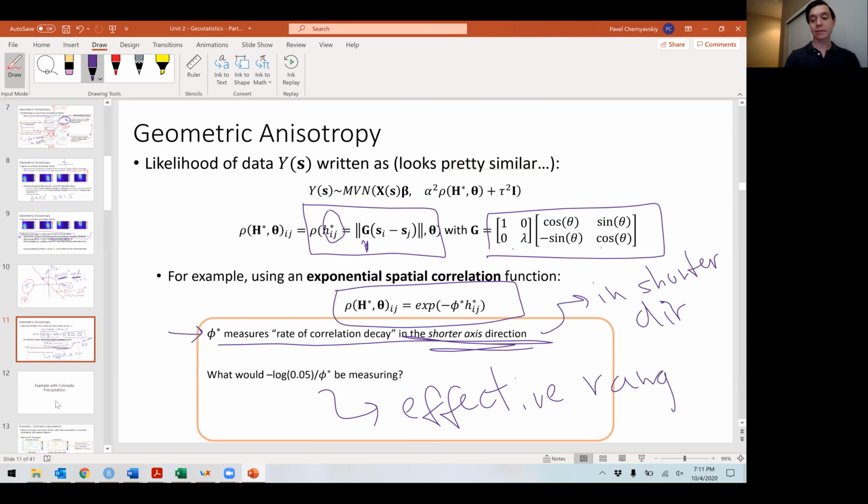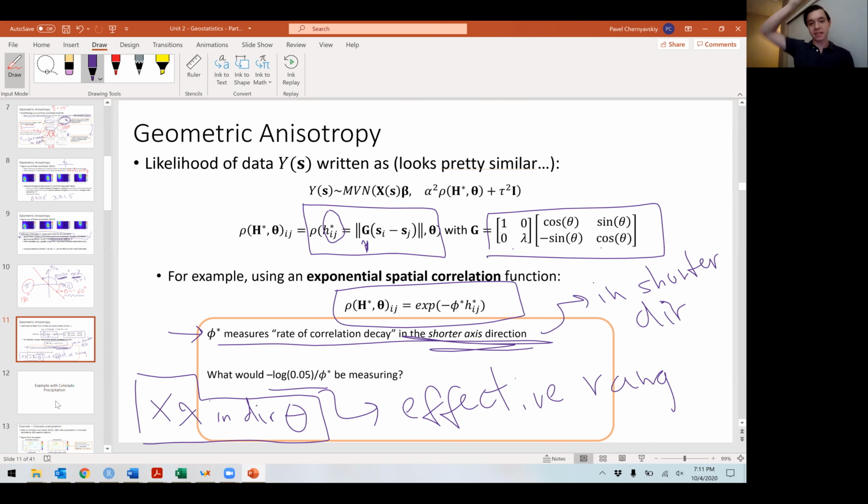And then in the direction of theta, you just simply take this value and multiply it by lambda. So in the direction of greater spatial correlation, we take this and multiply it by lambda in direction theta. And then in between is everything in between.